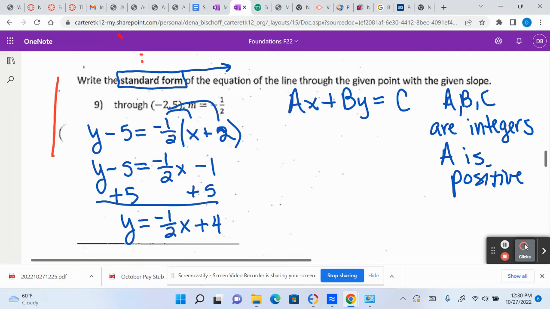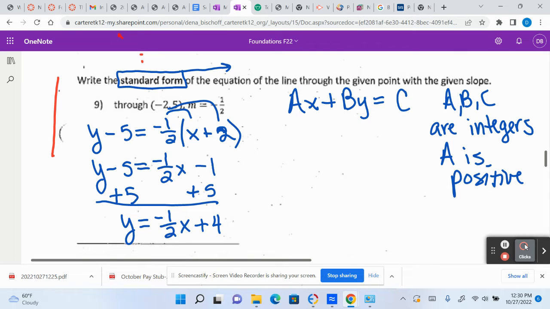Okay. So here's my question to you. Are we allowed to have any fractions? No fractions, not for standard form, because we're changing it to ax plus by. So remember, when you have a fraction, the only way to get rid of it is to multiply every single number by the denominator. So what is the denominator of my fraction? 2.